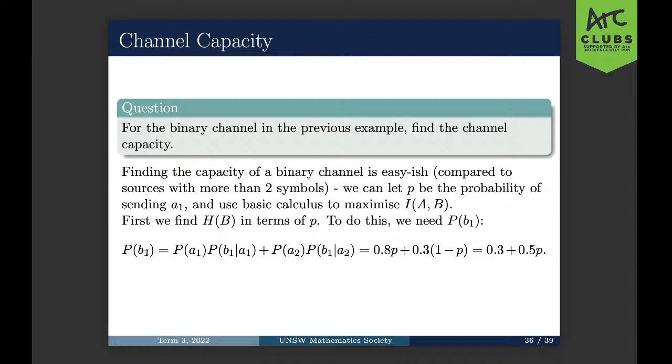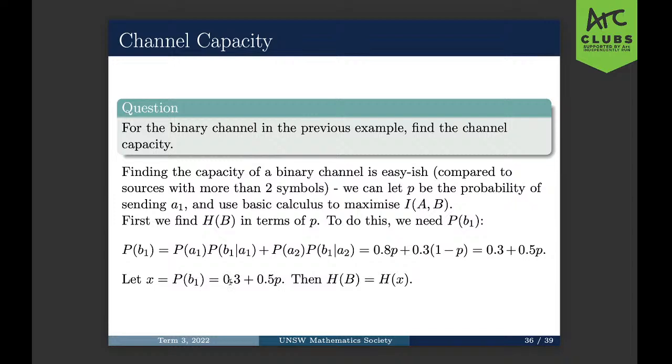We only need P of B1, not P of B2, because P of B2 is just 1 minus that. This is the exact same calculation that we did for P(B1) last time. In terms of P, this one's going to be P, not an actual number, and this one's going to be 1 minus P. These values, like 0.8 and 0.3, just came from the example before. If you simplify that, you get 0.3 plus 0.5P.